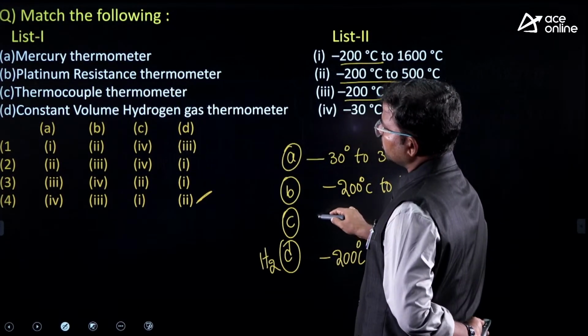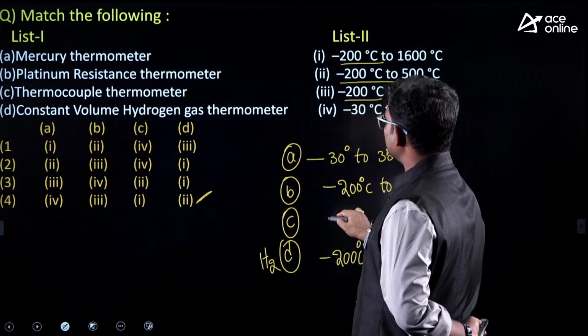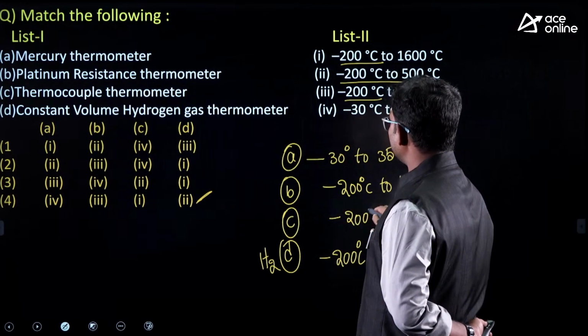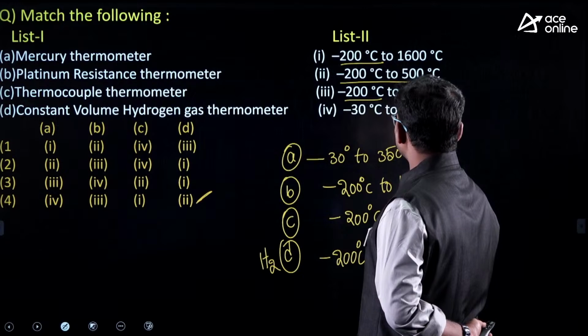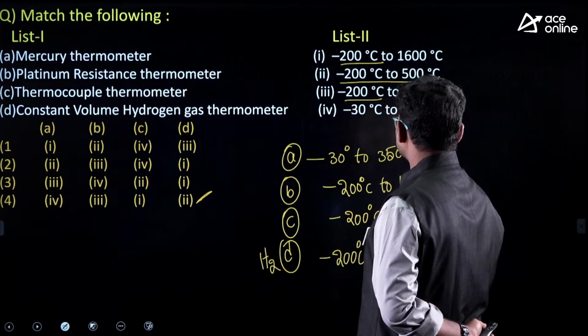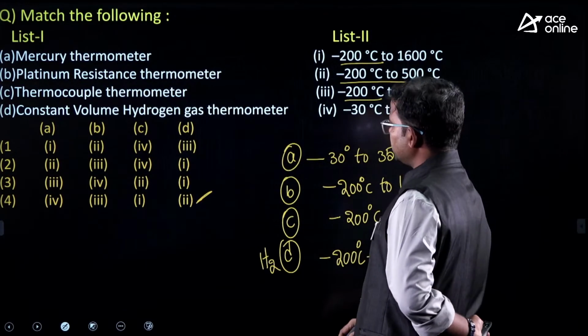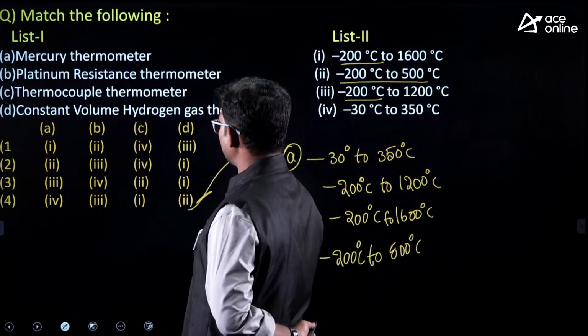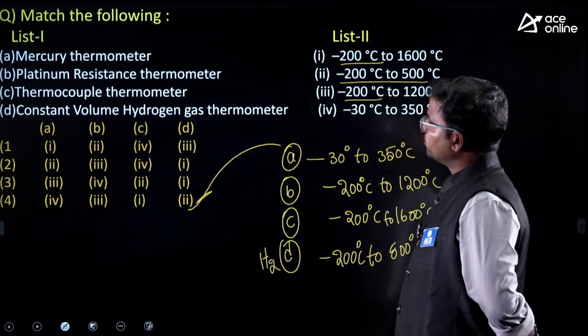Next one, thermocouple thermometer, minus 200 degrees centigrade to 1600 degrees centigrade. So finally, the correct answer is option 4. Okay, yes, next one.